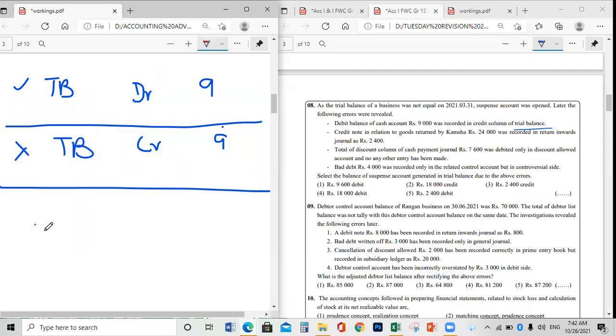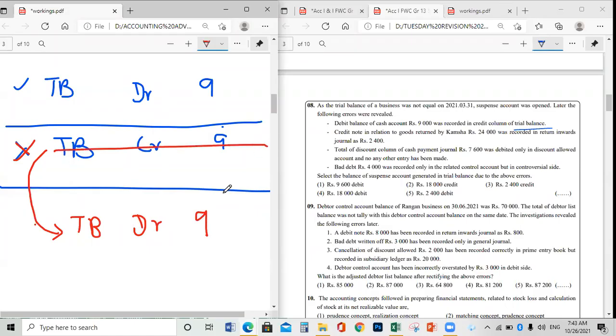Guys, the first thing you should do is cancel the mistake. What's the mistake you did? You credited the trial balance by 9,000. That's the error you did. So now to cancel it, what will you do? You will make the opposite. You will debit the trial balance by 9,000.